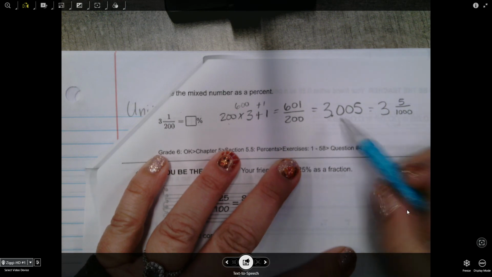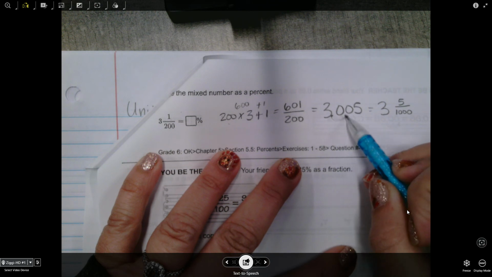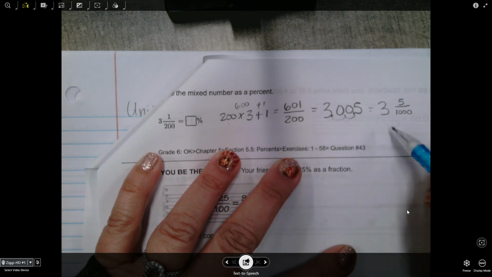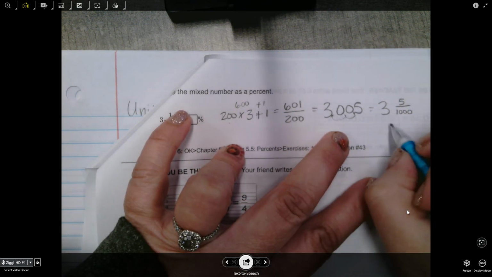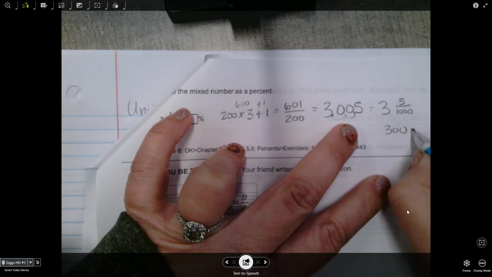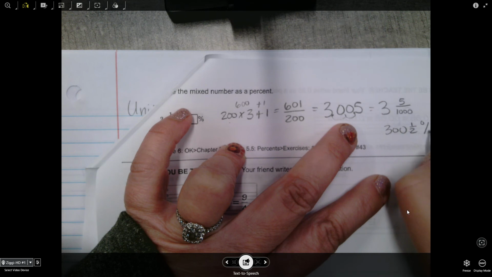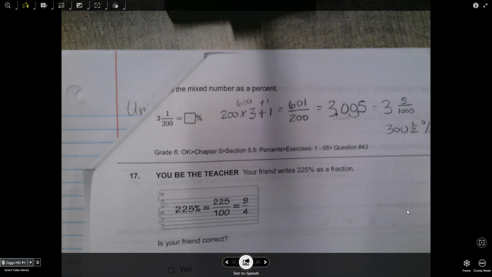So in your notes with Miss Phipps, I bet she told you to convert a decimal to a percent. You move your decimal over 2 places to the right. So that's going to be 300, and that takes care of this thousandths over here. 300.5%, because that 0.5 is 1/2.